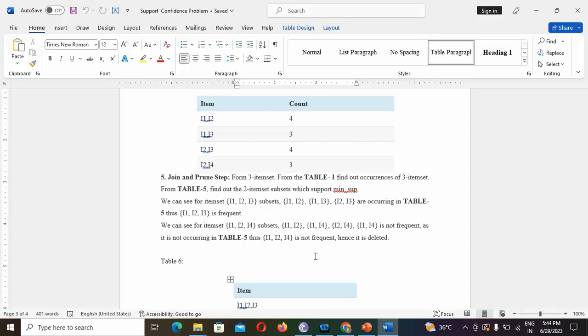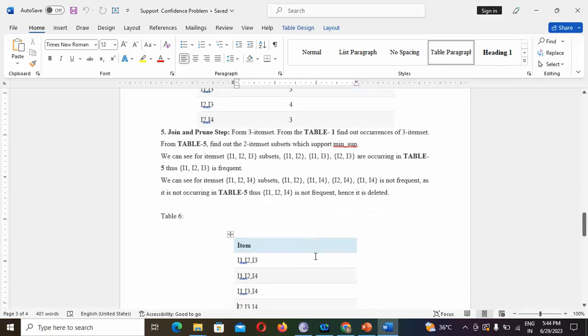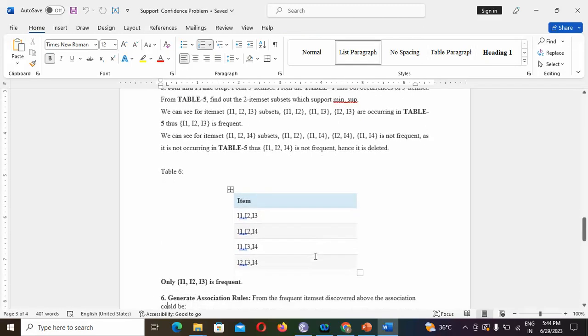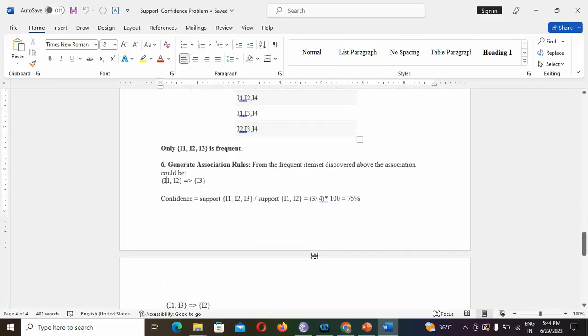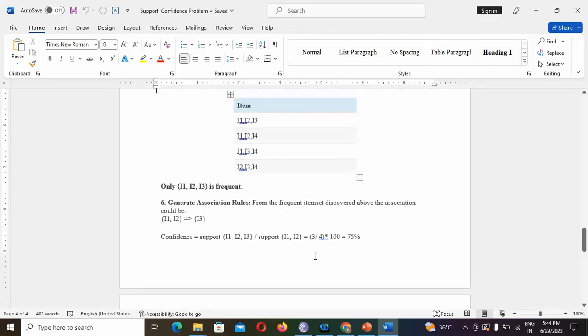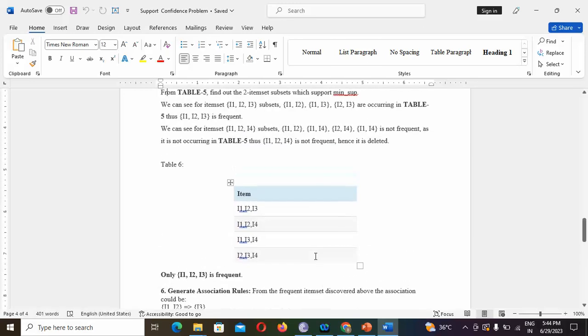Again we are applying the join and prune steps for the 3-item set. Here I didn't mention the count, but we have to consider the count of I1, I2, I3, and among them we look at the item set I1, I2, I3.